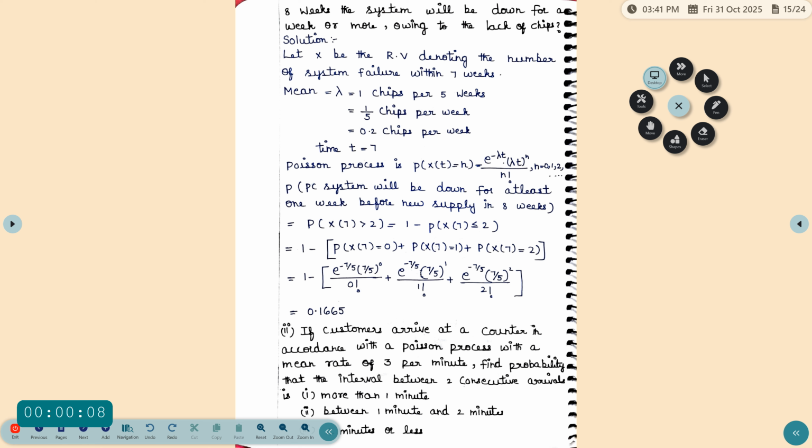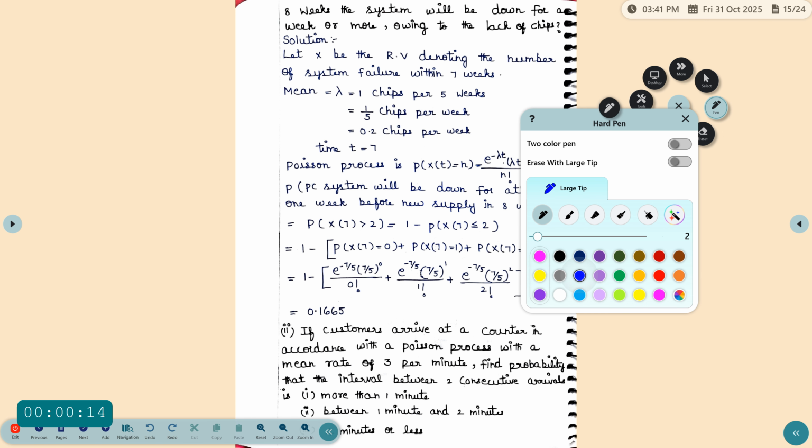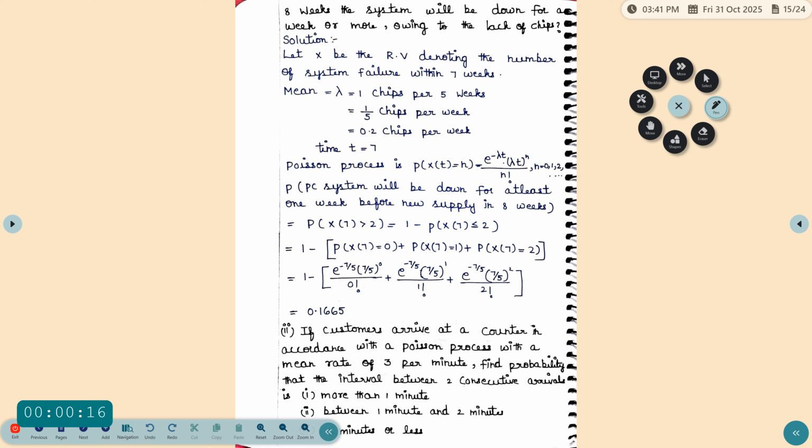Next problem: if customers arrive at a counter in accordance with a Poisson process with a mean rate of 3 per minute, find the probability that the interval between two consecutive arrivals is more than 1 minute.